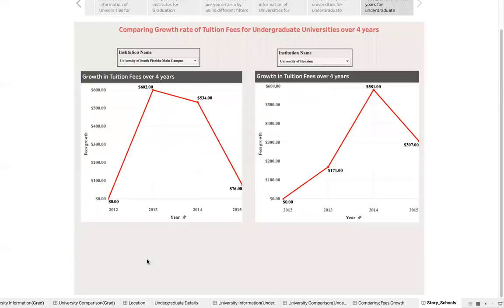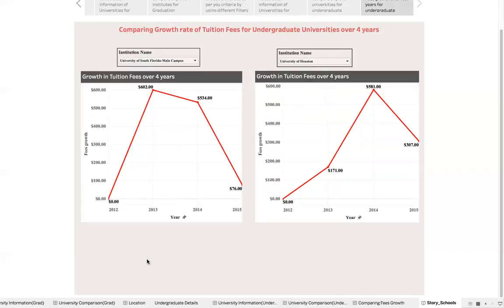Now, undergraduate students can also compare the growth rate of fees over the years. This is also an important factor because tuition fees alone should not be considered. We should also see how the fees increase over all 4 years, so that we can adjust our monetary criteria.